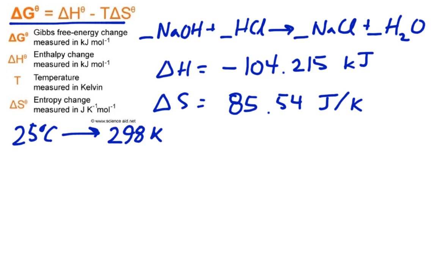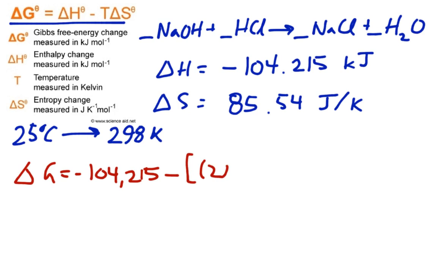So first and foremost, here we go. Delta G is going to be equal to delta H, but we're going to translate it into joules. So that's negative 104,215 minus the product of T, 298 Kelvin, times delta S, 85.54 joules per Kelvin.